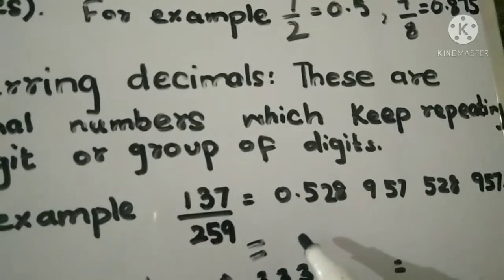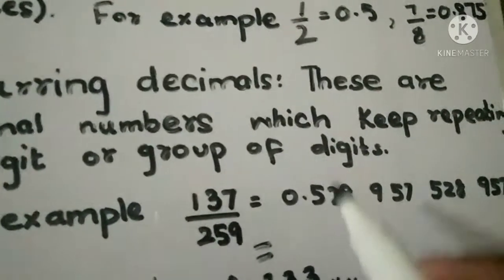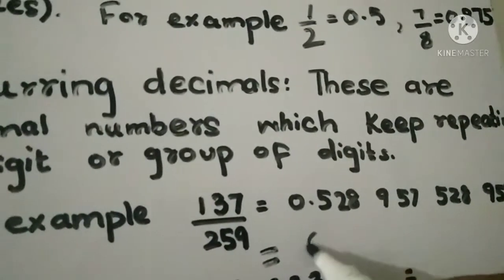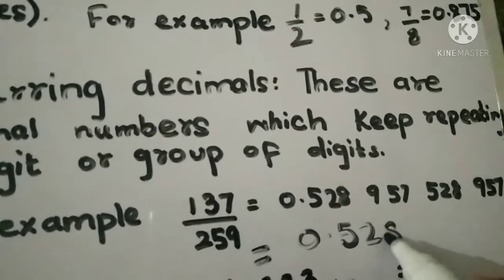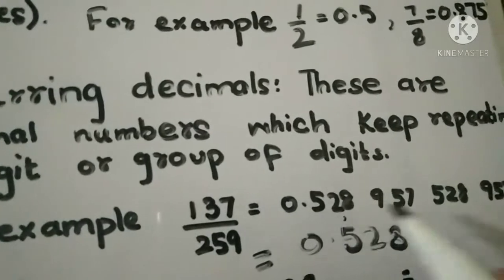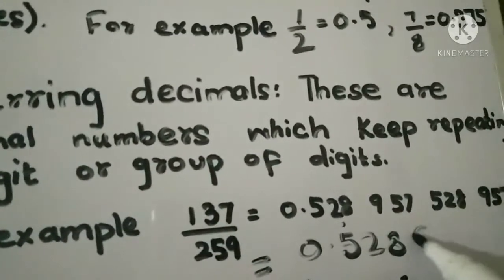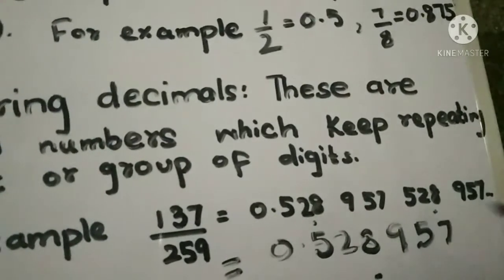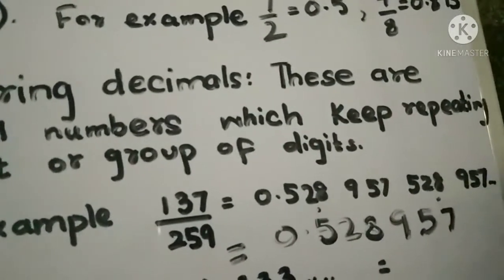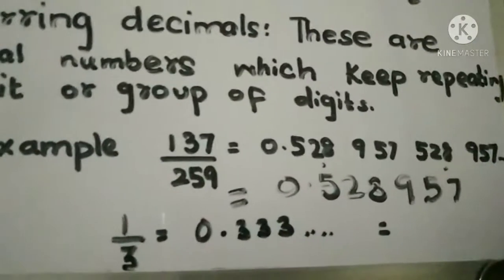So, it is a recurring decimal. It can also be written as 0.528957, with a dot at the top of 5 and a dot at the top of 7, showing the repeated pattern of these terms.